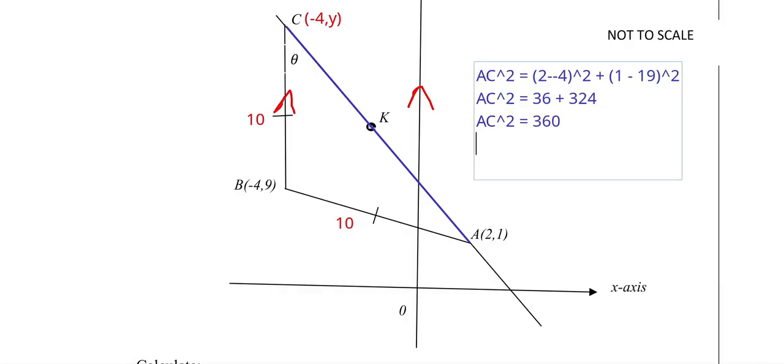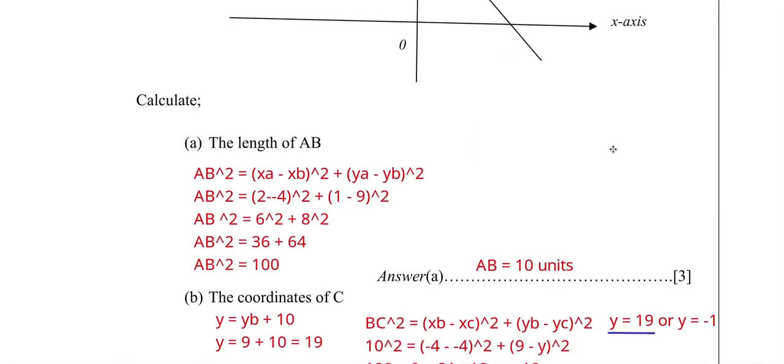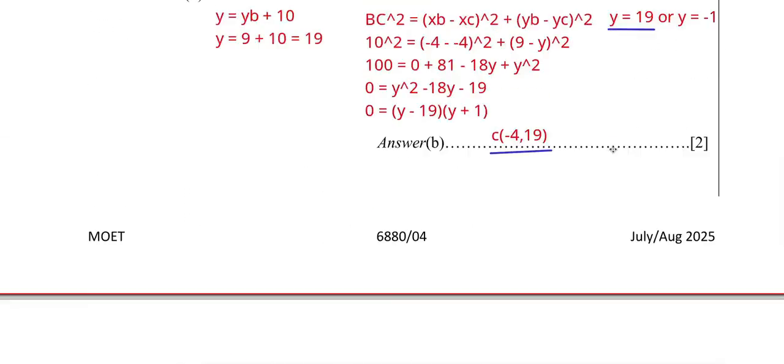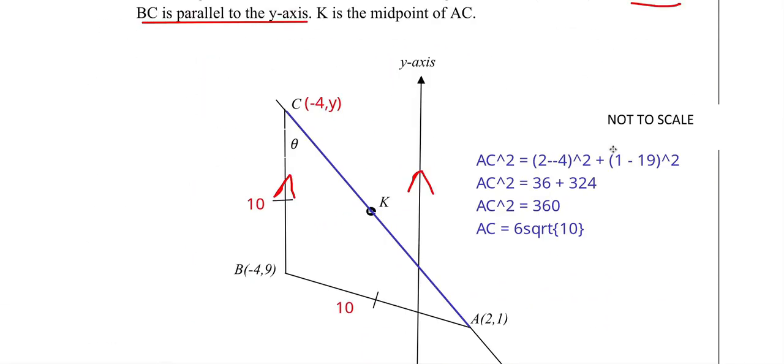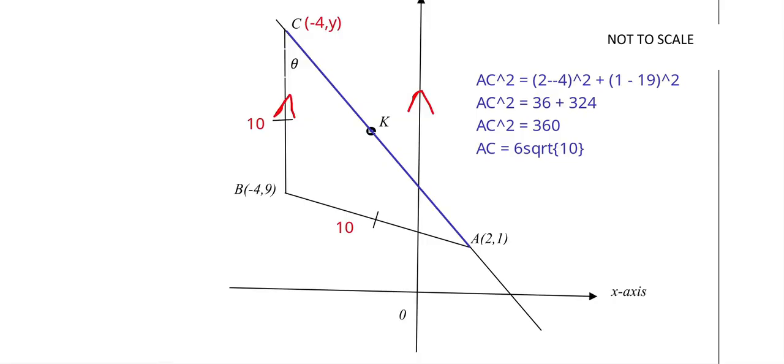Taking the square root on both sides, AC is equal to 6 square root 10. Now that we know AC, let's calculate the angle using the cosine formula.